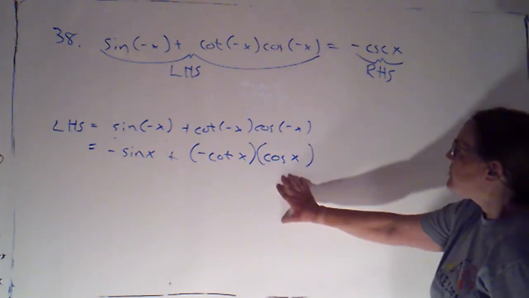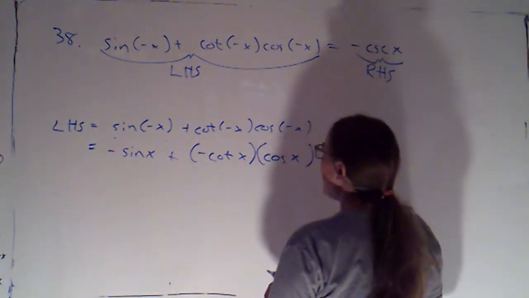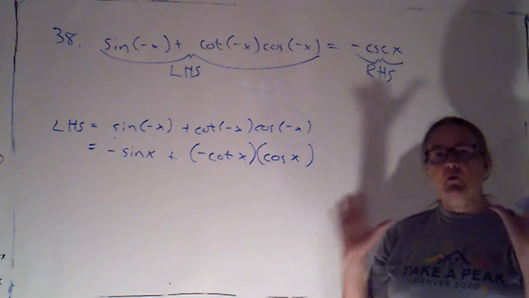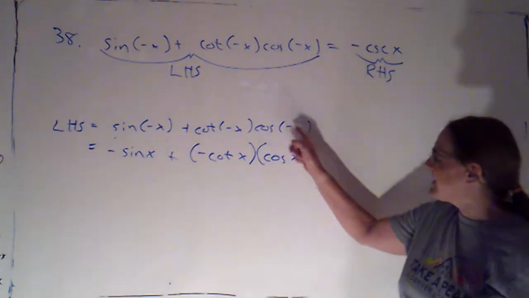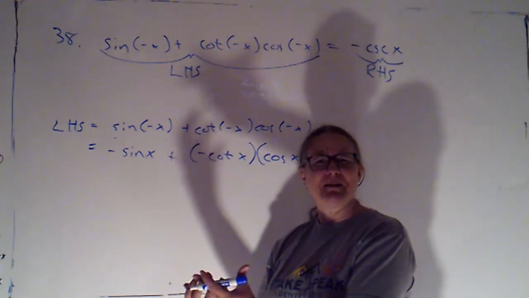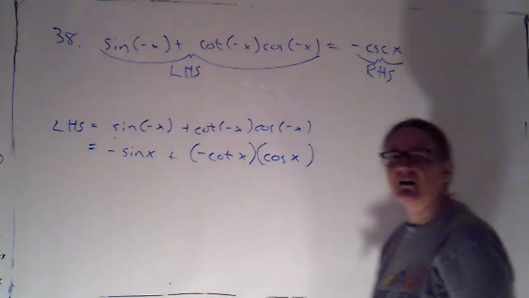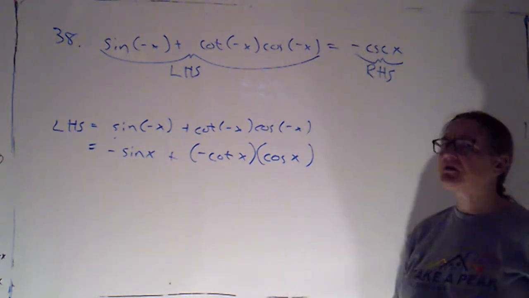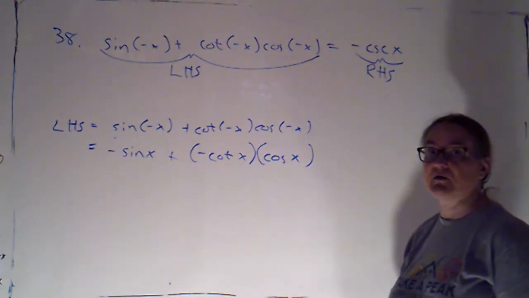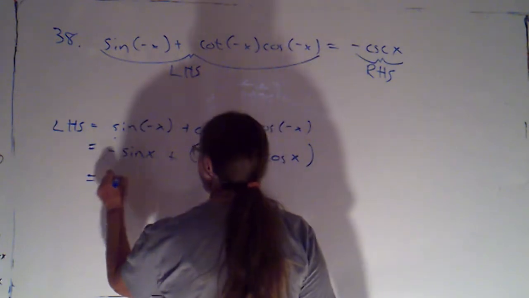Okay, so now let's see. When in doubt, I'm going to rewrite everything in terms of sine and cosine. Here, I didn't start with that because I could sort of see an opposite input. I wanted to use even-odd. But almost always, if I don't see something super obvious, I'm just going to rewrite things in terms of sine and cosine. Okay, that's my go-to strategy.